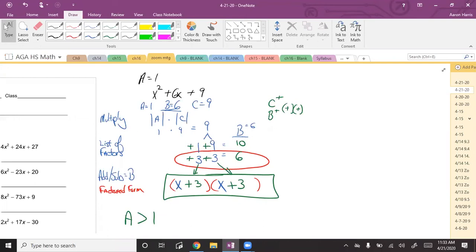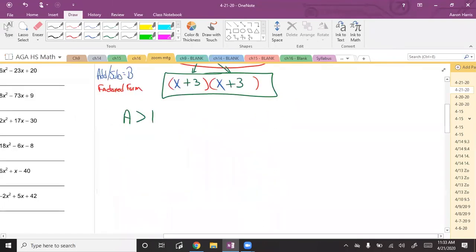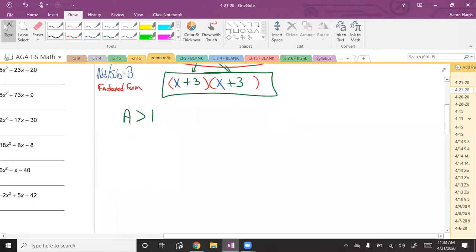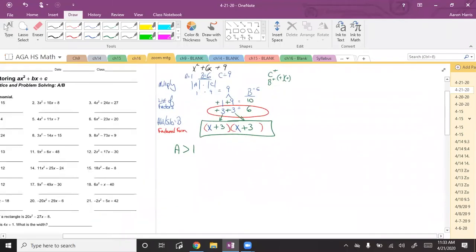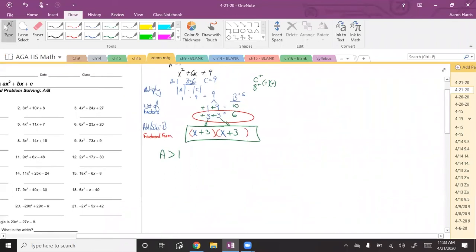Cool. So now let's do this. I'm going to keep it the same, but let's switch it up. Let's make A 2.